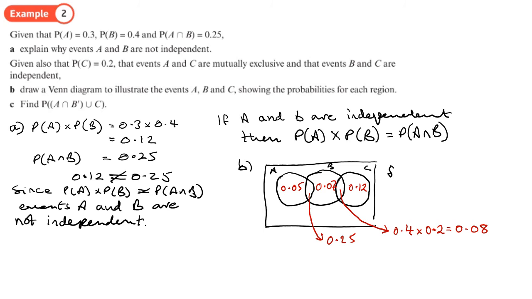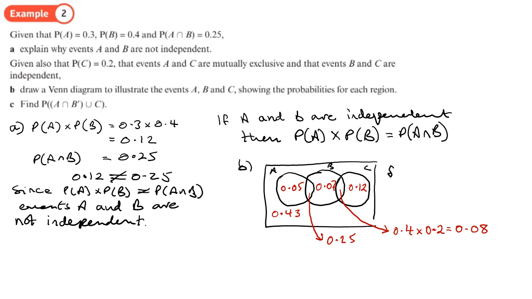So if I do 1 minus that, I should get 0.43 if I've done the maths correctly. Yeah, that was basically what's left over. So if I add all of these up, 0.05 plus 0.25 plus 0.07 plus 0.08 plus 0.12 plus 0.43, I should get 1. There we go. Right, so there's my Venn diagram. I've shown all of the probabilities.